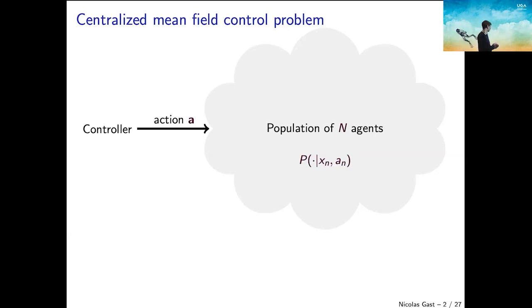And so the idea is that the centralized controller will send a control to these agents. And I wrote this bold A, that it's a vector of control. So one control may be different for all agents. And then the agent will transition to some next state, will give you some reward, and you want to optimize this reward.